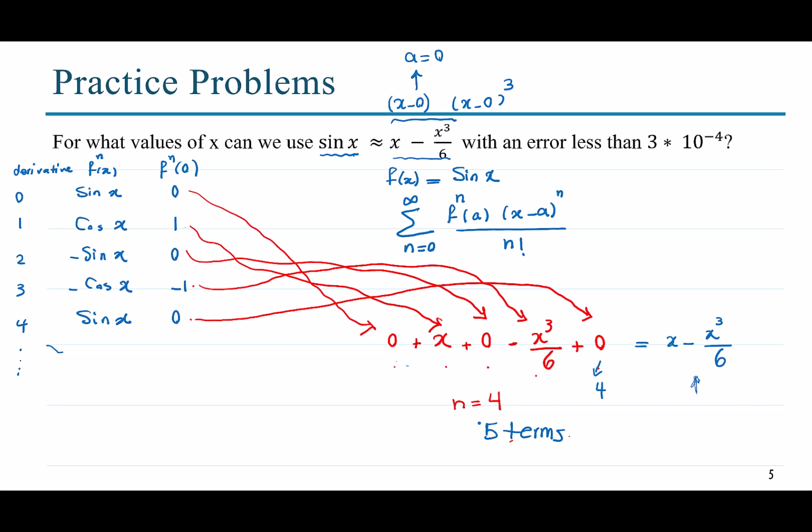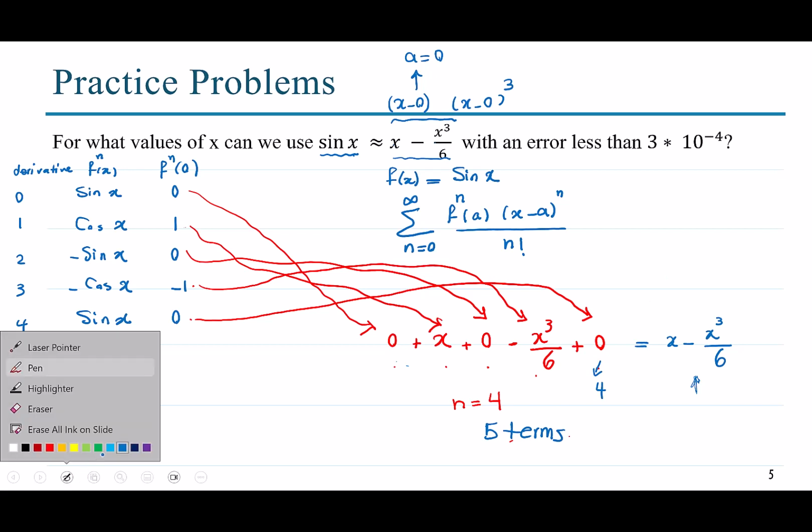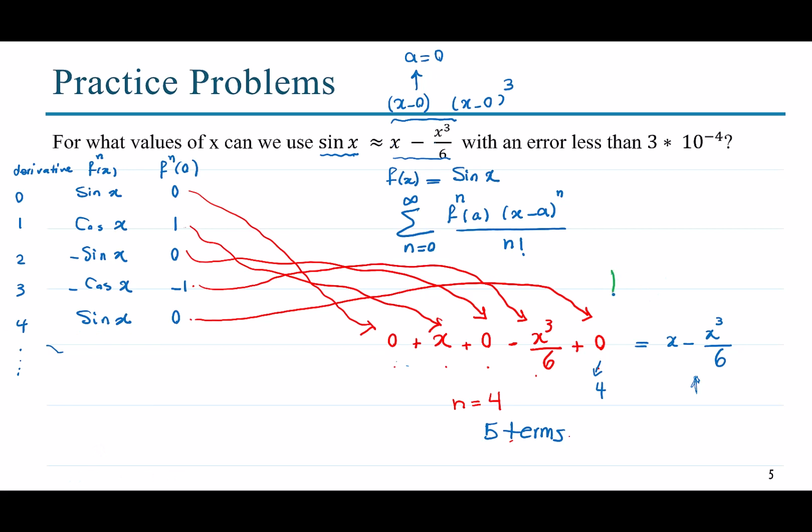So in other words, I'm using P4, which means 5 terms starting at an n of 0. I'm calculating P4 with this term.